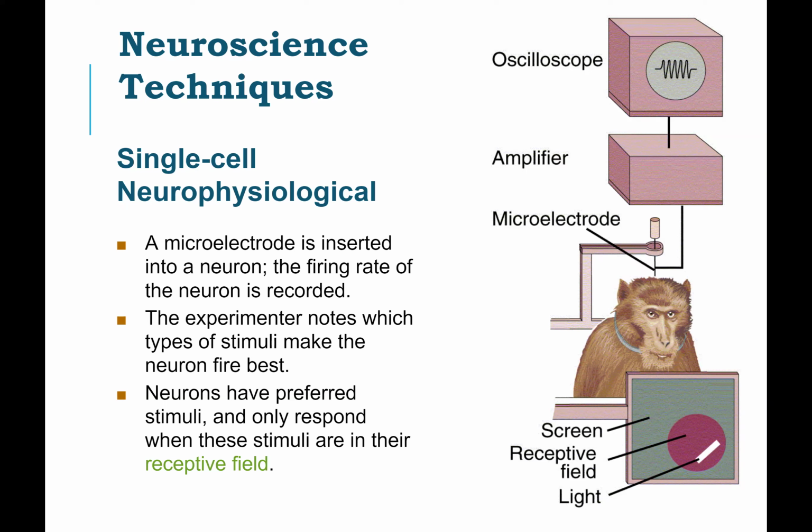Why is a receptive field a certain way? Well, let's say I have a cell and the receptive field is here. It means that the photoreceptors that get input from this part of the visual world must be connected to this cell somehow across multiple layers. So every function in the brain is a result of connectivity.